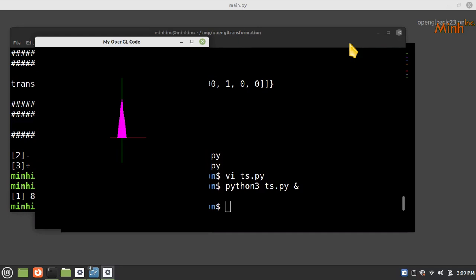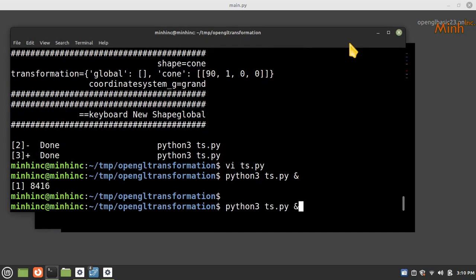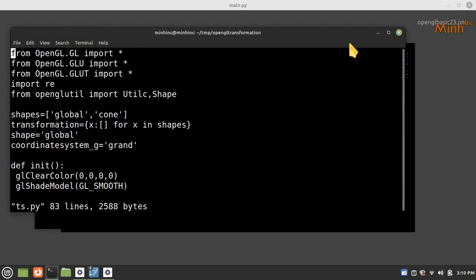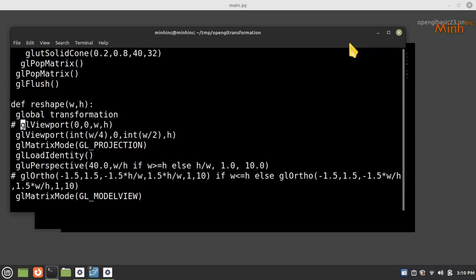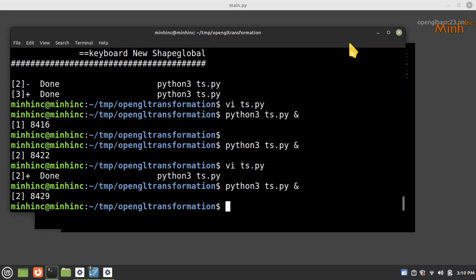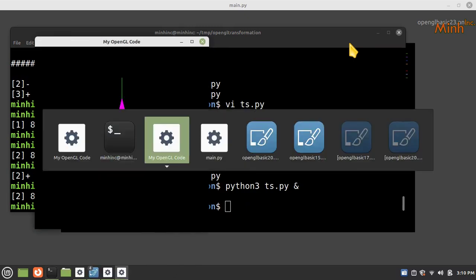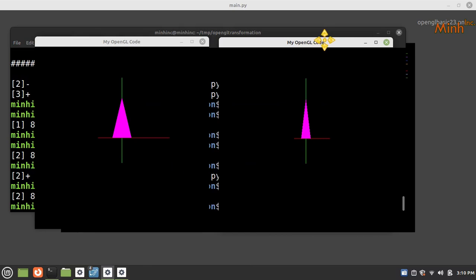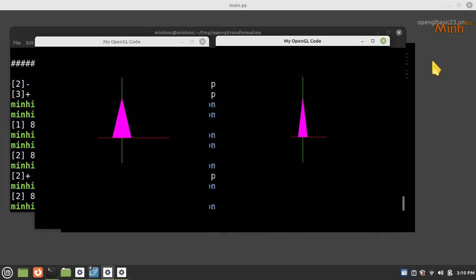Certainly it is different, so whatever we used to get is different. This is the original, this is what we get. So we make the width smaller and height bigger, so it changed.